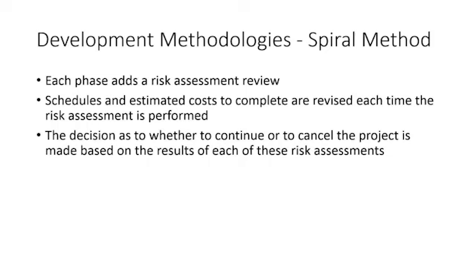We have the spiral method. Now this is where each phase adds a risk assessment review, which is going to add some complexity a little bit, but it should also make it a stronger development methodology, right? Because now we're getting in and looking at risks that are associated with the different phases of our development. So schedules and estimated costs to complete are revised each time the risk assessment is performed.